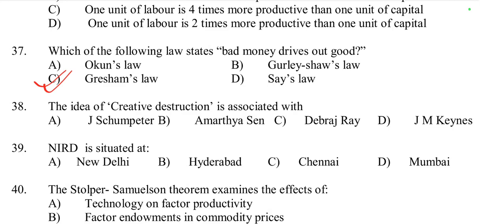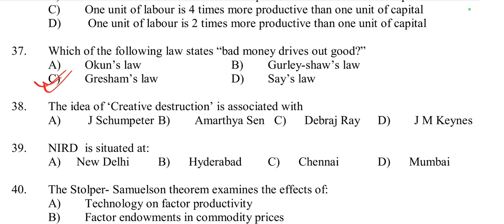It says that if two forms of money are in circulation and one is perceived as having higher intrinsic value, that is called good money, like gold coin, silver coin, etc. And the other is of lower value, that is bad money. So people will tend to spend the bad money while hoarding the good money, causing the good money to disappear from circulation. So this is called Gresham's law.